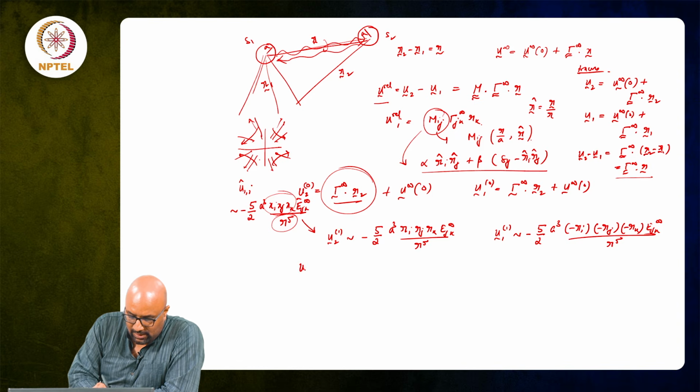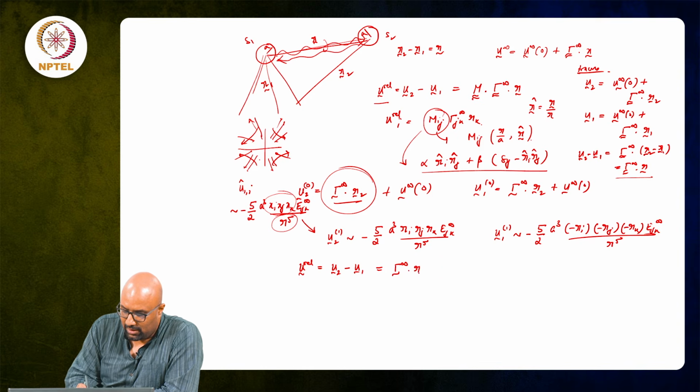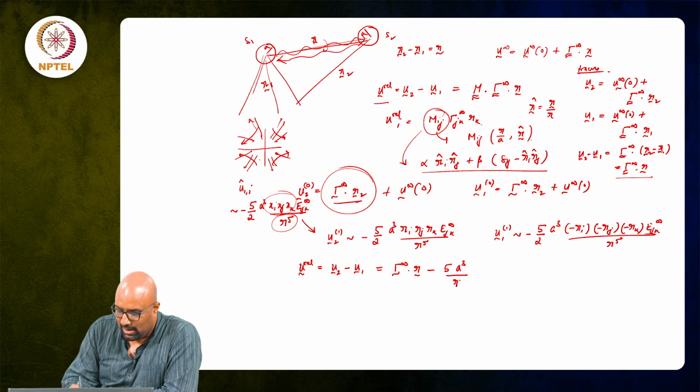So, now the relative velocity u2 minus u1 is equal to gamma infinity dot r, and then the minus 5 half, and then there is going to be a minus minus plus 5 half, both will add up and give you a minus 5 a cube by r square r hat i r hat j e jk infinity r k.